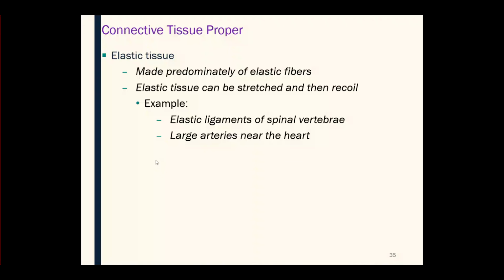And next semester, guys, you'll see that some of the large arteries near the heart, when the heart pumps the blood into the arteries, those arteries need to expand a bit to absorb all that blood, and then they recoil to move the blood away from the heart. One of the blood vessels you may have heard of or you may know is the aorta. That has a lot of elastic tissue in it.